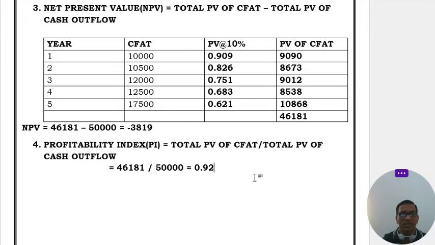And the next one is IRR, internal rate of return, the fifth method. As I explained in my previous videos, there are two models.